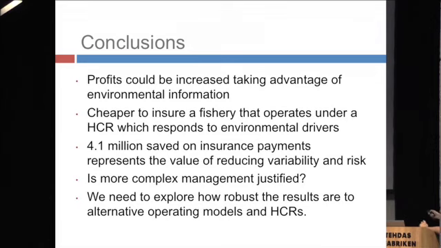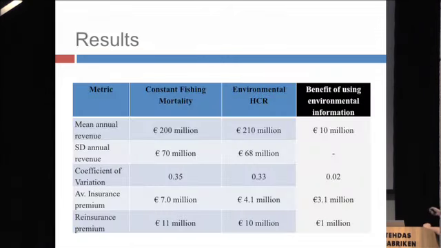And finally, conclusions. Profits could be increased by taking advantage of environmental information. You can see the profit here. It is cheaper to insure a fishery that operates under a harvest control rule which responds to environmental drivers.